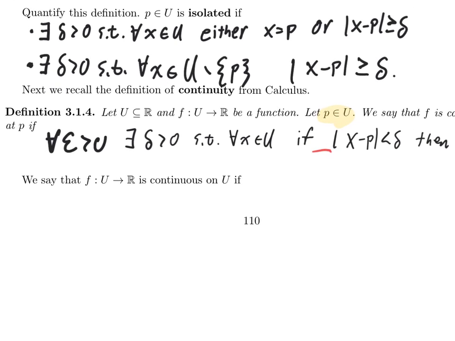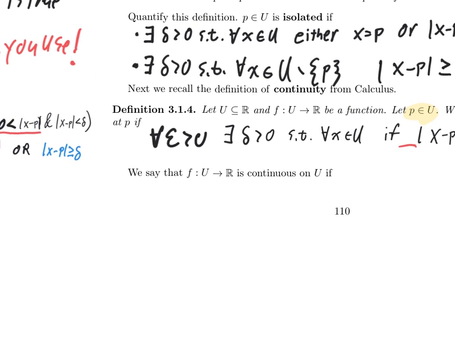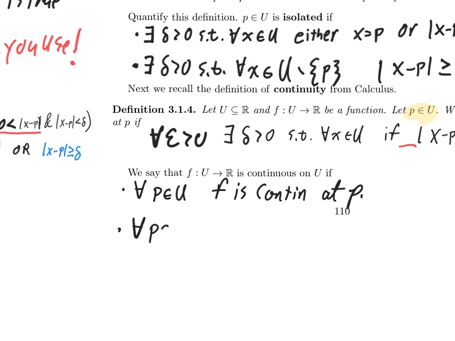I will just say a function is continuous on U if for all p in U, f is continuous at p. Or said another way, I know what it means to be continuous. Let's just expand everything out. For all p in U, and for all epsilon bigger than 0. So I'm just going to copy down the definition of continuity.